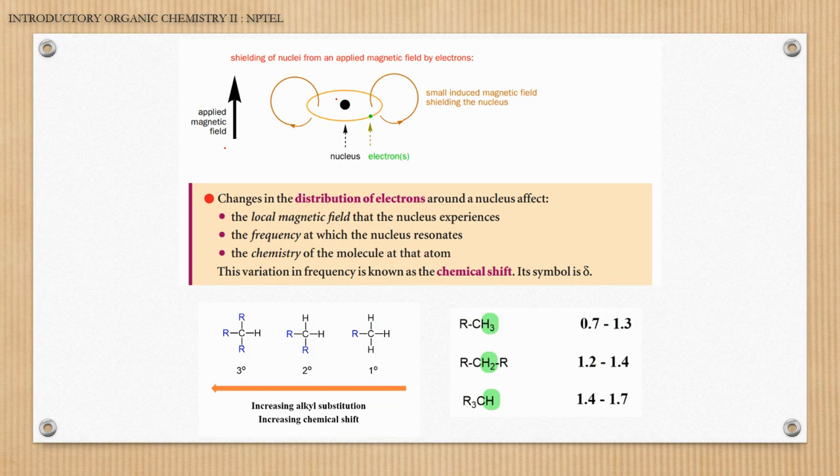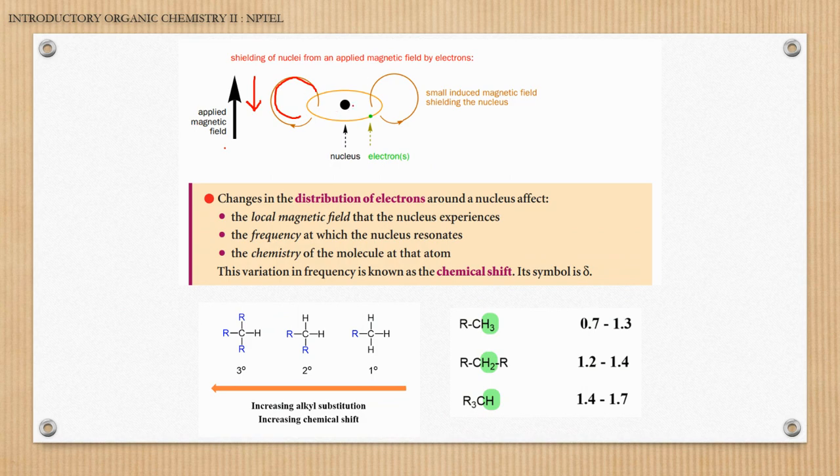But now if the nuclei have electron density around them, the electron density will again generate an induced magnetic field, that is this. So this induced magnetic field is generated by the electron density that is surrounding the nucleus, which will now oppose the magnetic field which you have applied. So now the shielding is this.